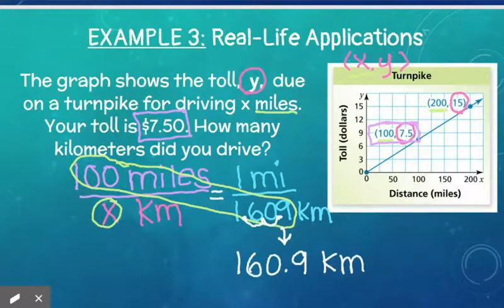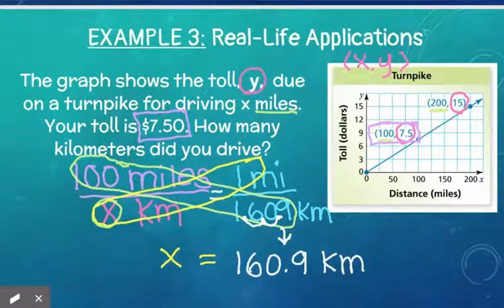And then the other cross multiplication is the x times 1, which is just x. So remember, x was how many kilometers. So 100 miles equals 160 kilometers.